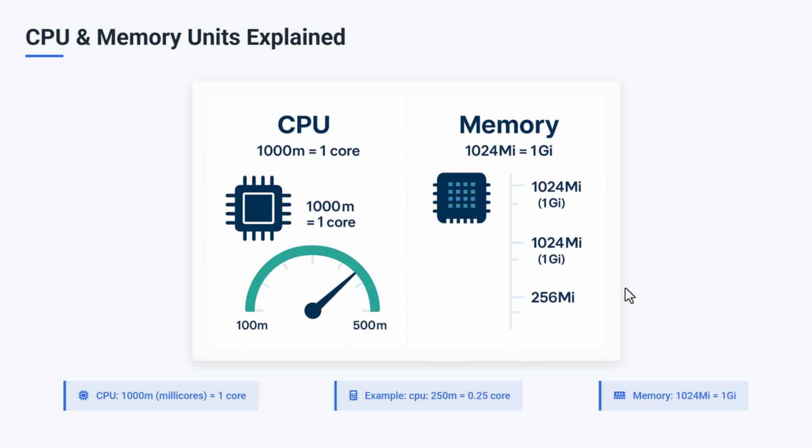You will see these units all the time in your YAML files. For example, if you set CPU to 250M, that simply means the container gets 0.25 of a CPU core. And if you set memory to 1024 Mi, that means 1 Gi of RAM. So don't worry, once you understand these basic units, reading Kubernetes resource values becomes much easier.